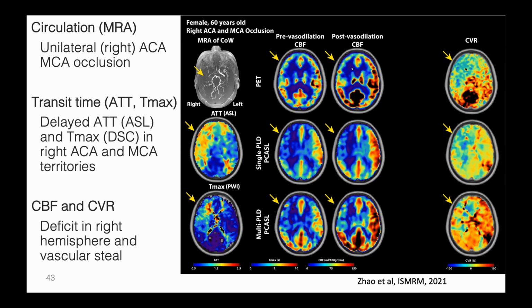And of course, in the CBF and the CVR data, the arrows pointed to the perfusion deficit or the CVR deficit regions caused by vessel occlusion, in clear contrast with the unaffected regions on the other side of the brain. So these data indicated that ASL can be an effective modality to screen patients with a higher risk of stroke, such as those with sickle cell disease, as well as to identify regional CVR impairments in Moyamoya patients.